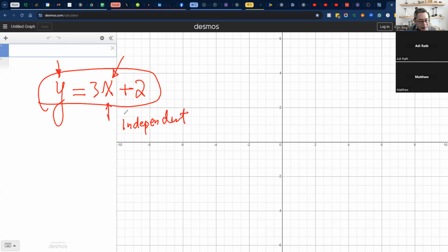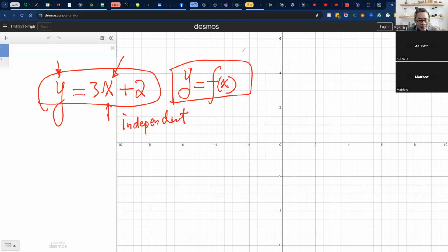So this is a linear function. Generally, we use this notation to express that y is a function of x. Basically, we use this instead of the English sentence "y is a function of x," but it means the same thing.